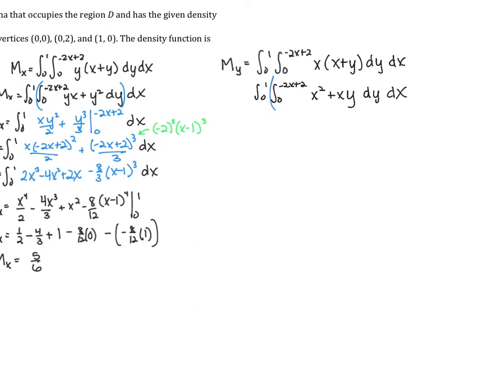Now I'm going to do the iterated integration, and I'm going to start with that inside integral. We're going to go up a degree, so times y, x squared would be treated as a constant, and up a degree divide by the degree, so we'd get xy squared over 2, evaluated from 0 to negative 2x plus 2. Remember, those are our y values.